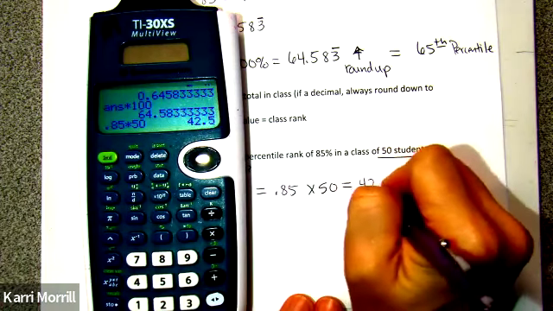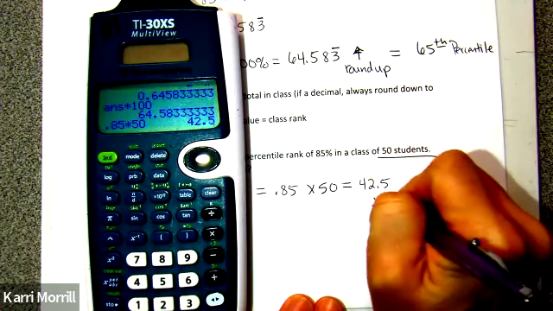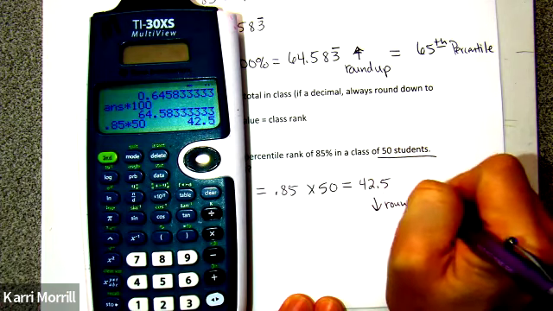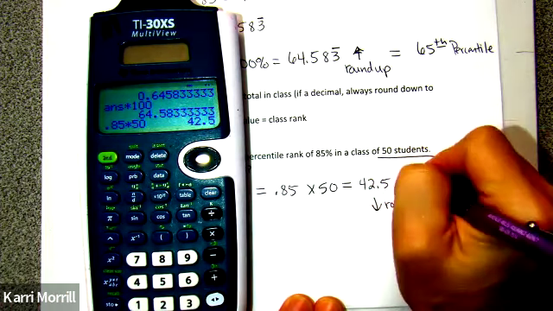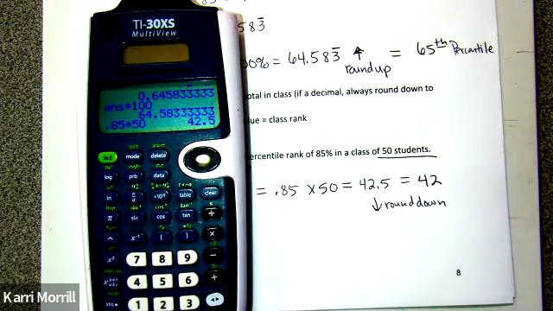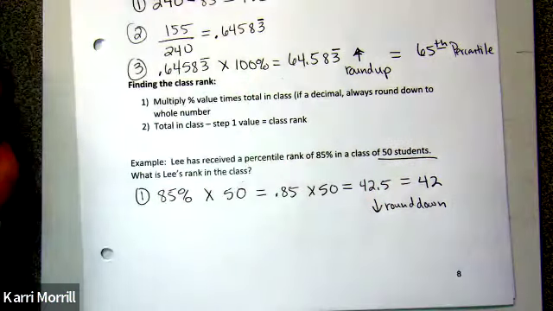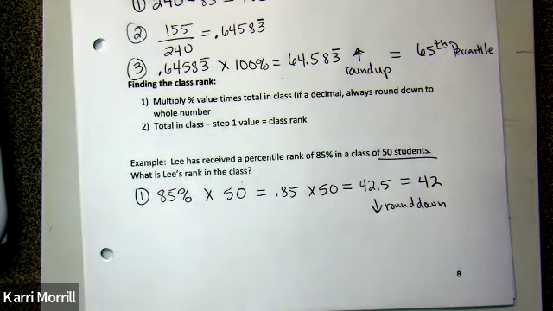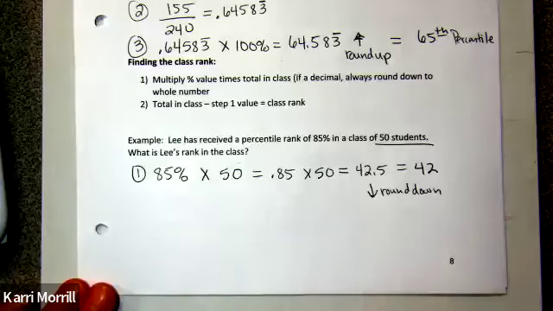But this one, we're always going to round down, so this one would be 42. Even though with general rounding rules you'd round up, we're going to round down for this one. Always, always. Just the way percentile ranks work, they bump it down. It doesn't quite make that other number.